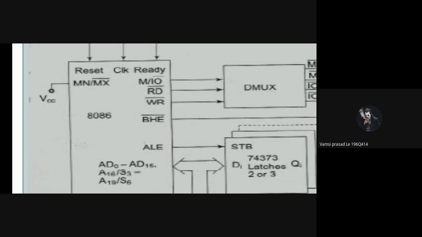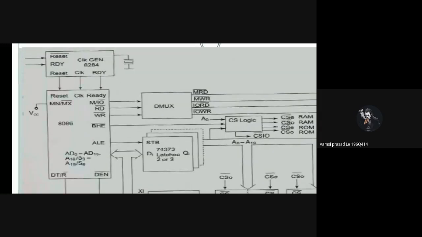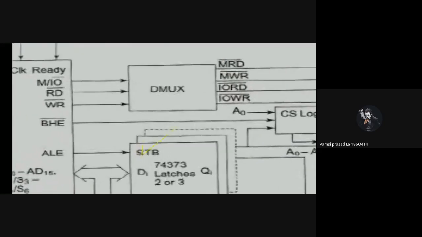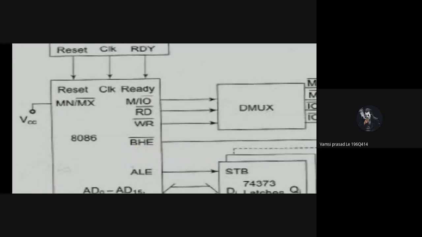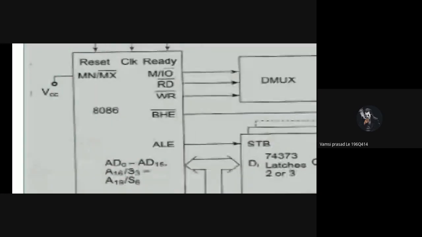When we set the pin to logic 1, we can say that the microprocessor is operating in minimum mode. So we make the microprocessor operate in minimum mode by strapping this minimum maximum mode pin to 1.